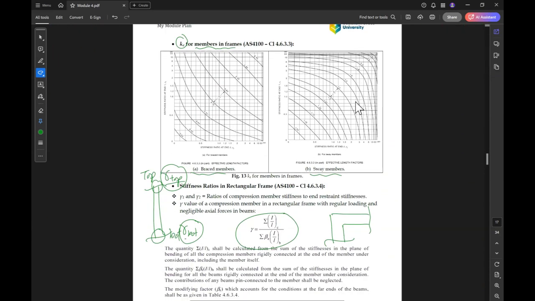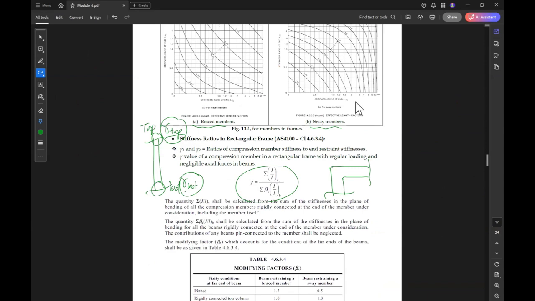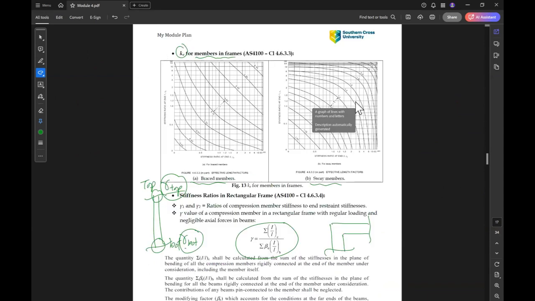So if you want to find the K effective values more exactly, you need to find gamma for the top end and gamma for the bottom end, and then use the plots, for example, here for a braced member.